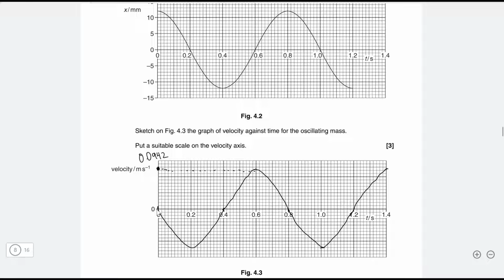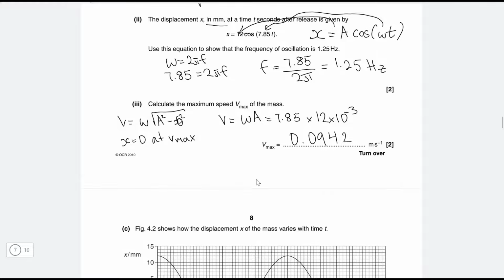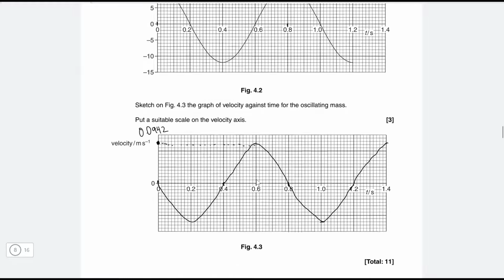The time period, and this will be one of the available marks, is going to be 0.8 seconds. That will remain unchanged because the time period of the graph above is 0.8 seconds. The maximum speed will be labeled as 0.942 meters per second. That is the peak speed really that we calculated up here.